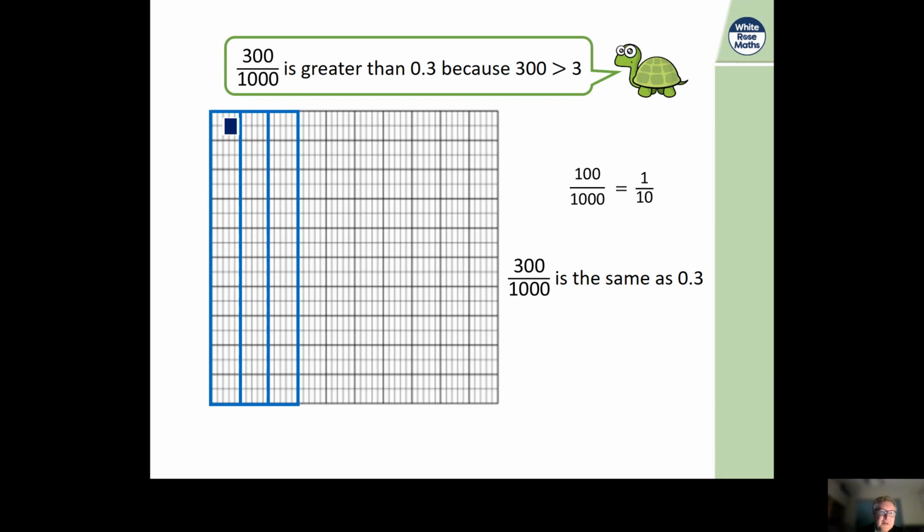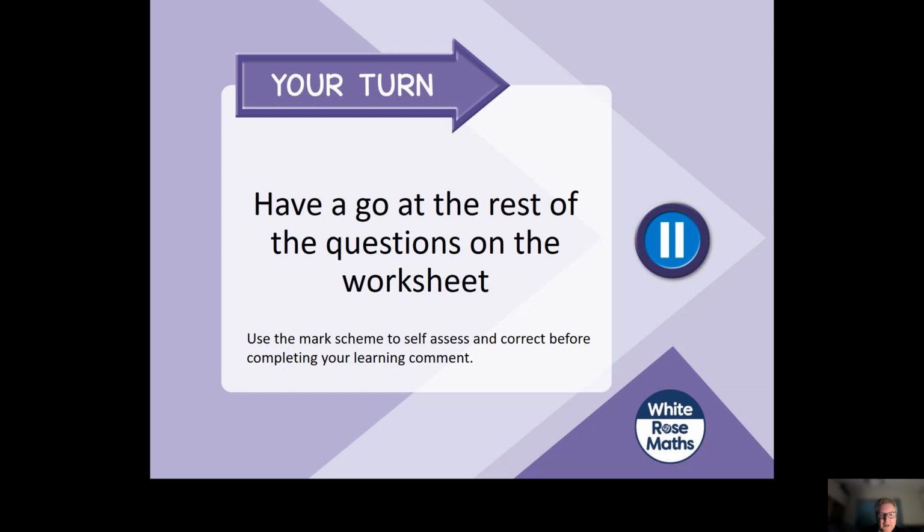So in this particular drawing, if you remember back a little bit, we said that a whole one of those would be equivalent to a tenth because 1, 2, 3, 4, 5, 6, 7, 8, 9, 10 strips.